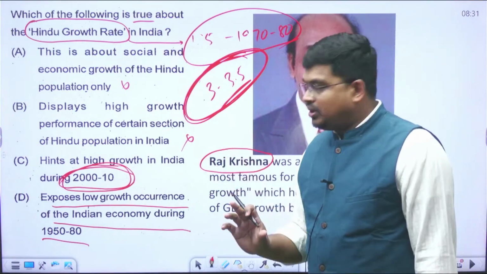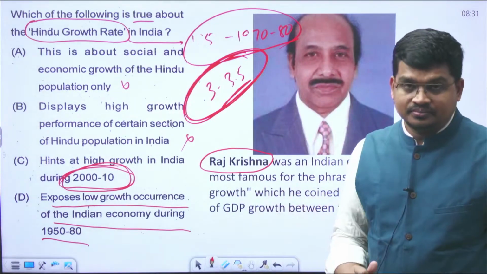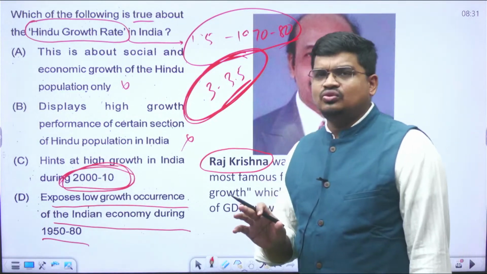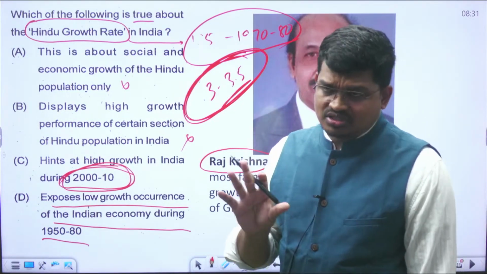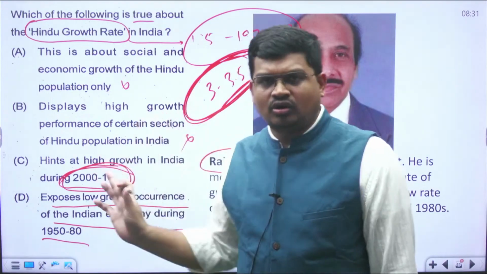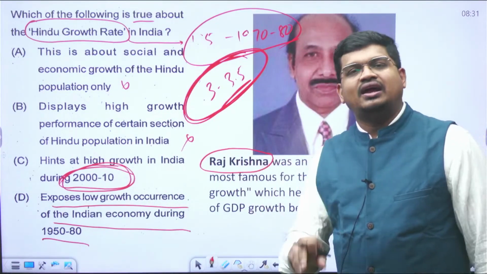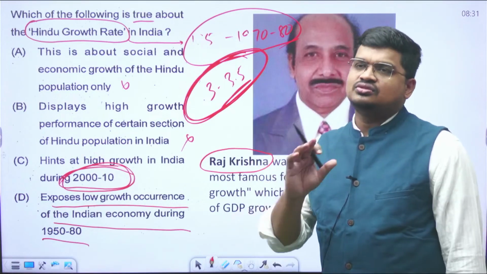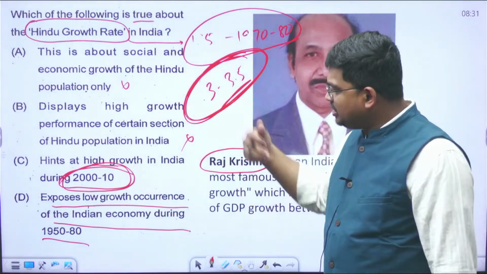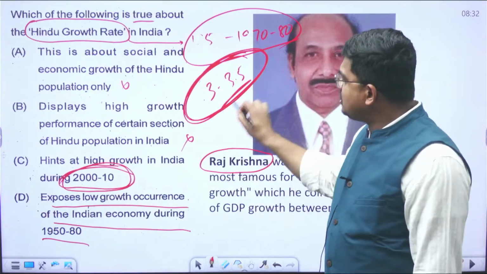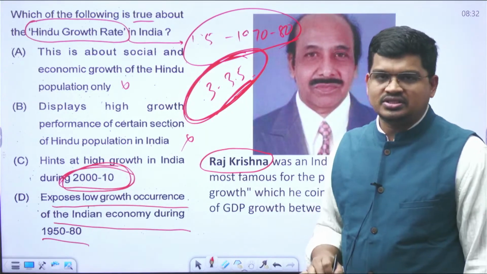It was coined by Professor Raj Krishna, and this has nothing to do with any religion. Simply, the professor thought that India is the land of Hindus. That is the reason he gave this term Hindu growth rate, which was around 3 to 3.5%.